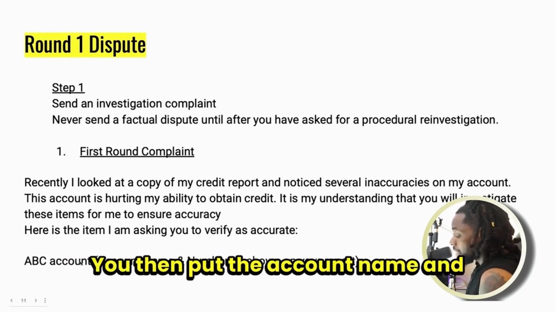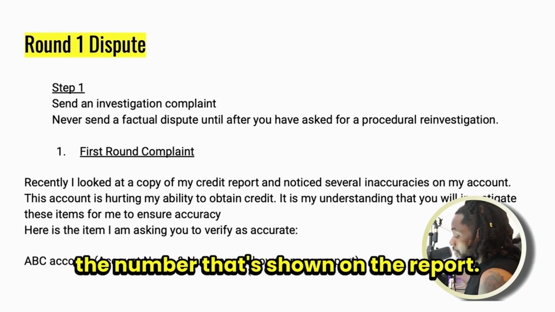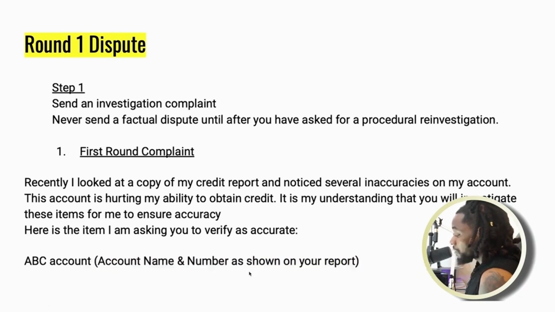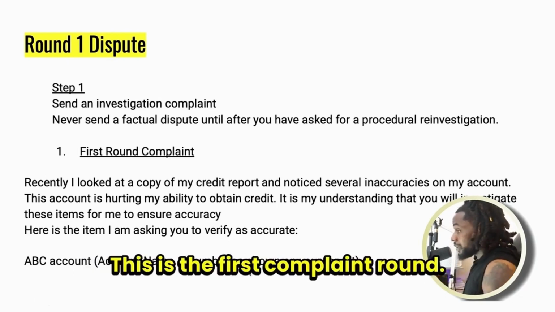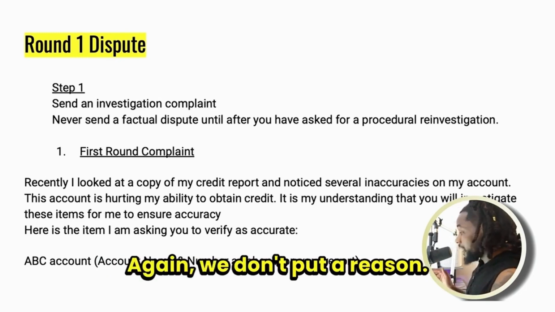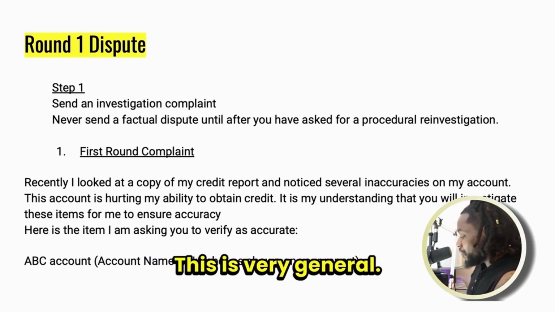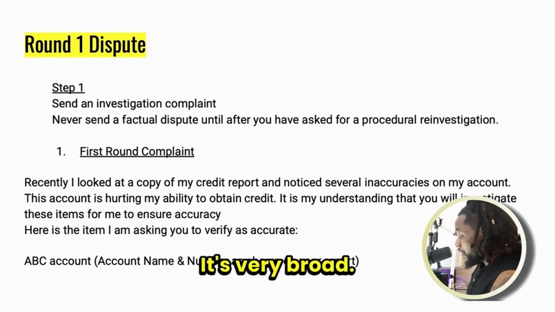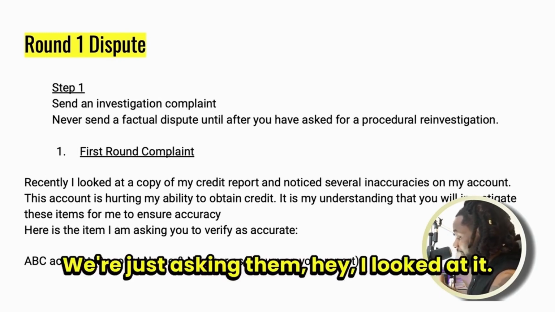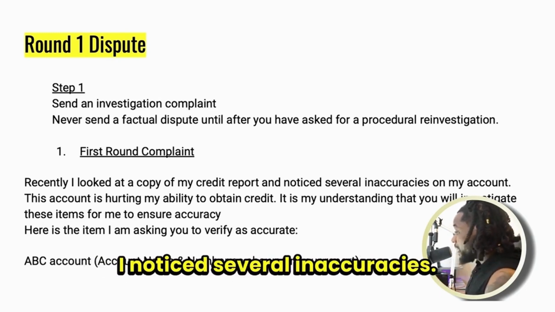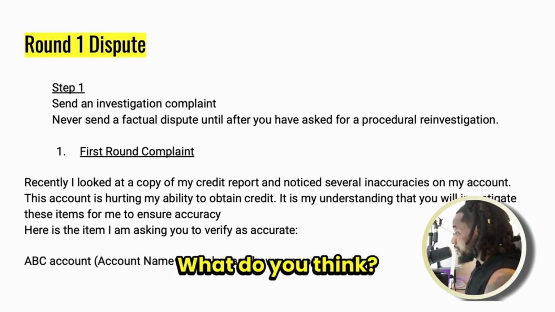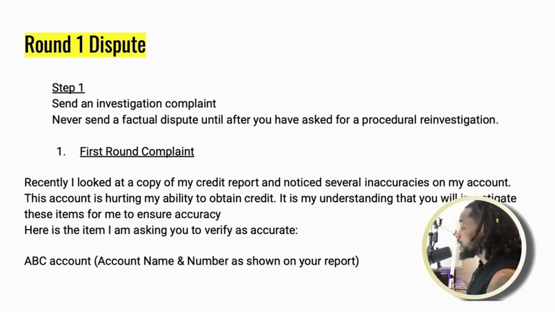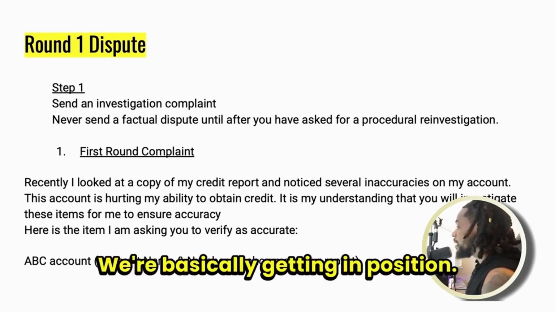You then put the account name and the number that's shown on the report. This is the first complaint round. Again, we don't put a reason. This is very general, very broad. We're just asking them, hey, I looked at it, I noticed several inaccuracies. What do you think?